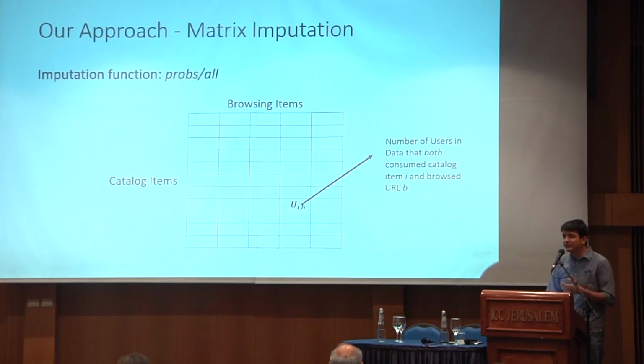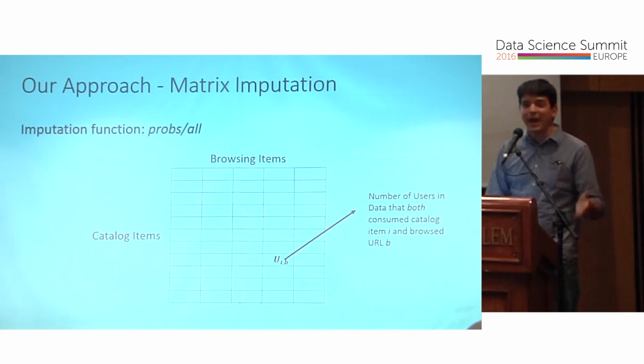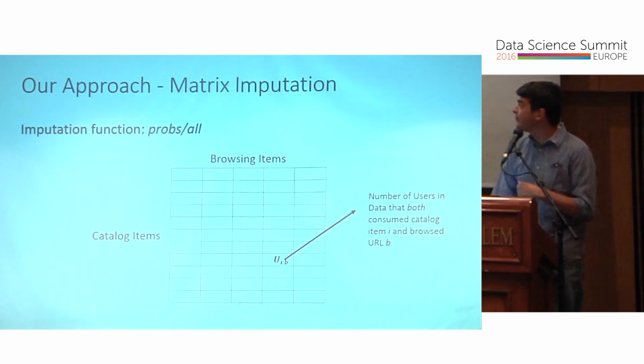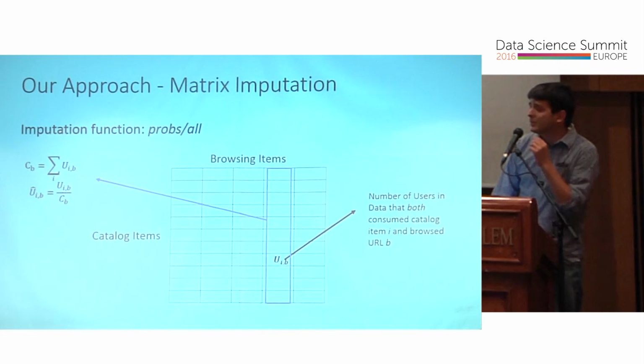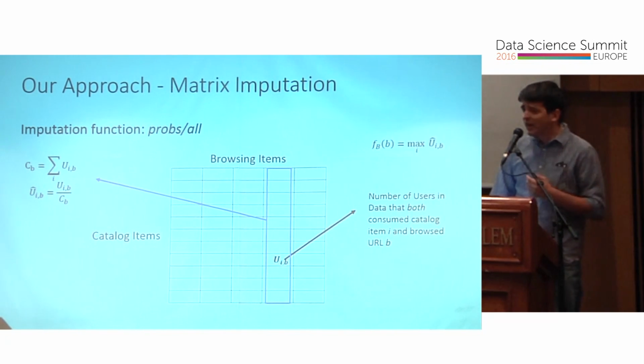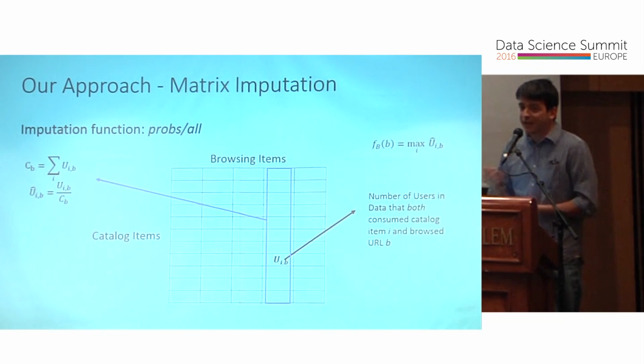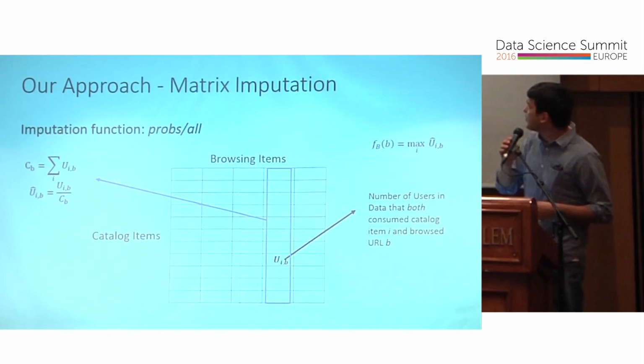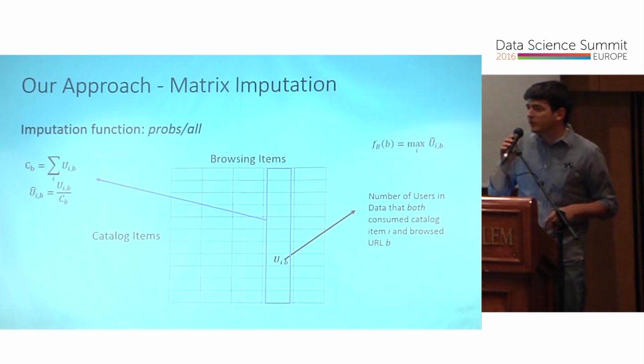So each entry here is the number of users in our data that both installed, say, the app and browsed to the URL. And we also consider the sum over the entries in each of the columns and normalize each entry by said sum. Our final imputation function is simply for each column / browsing item, we return the index of the maximum entry here in the corresponding column.